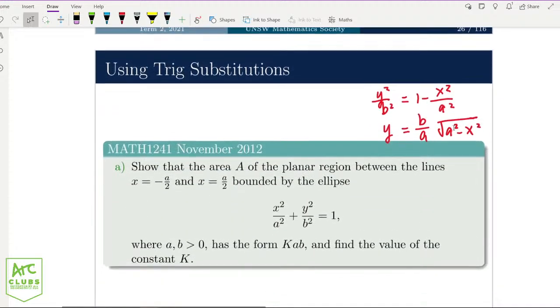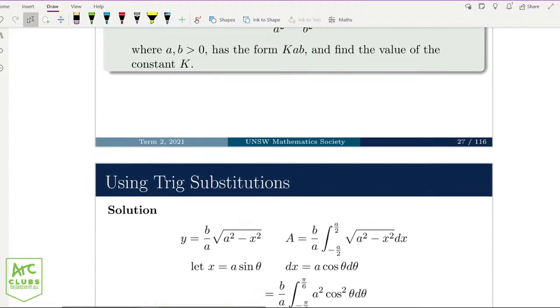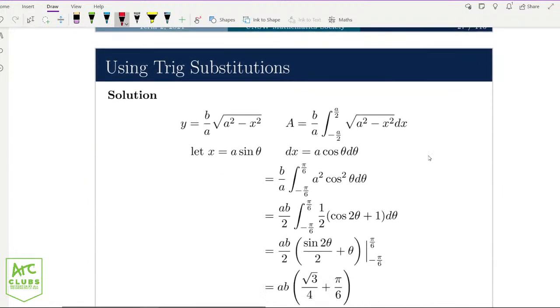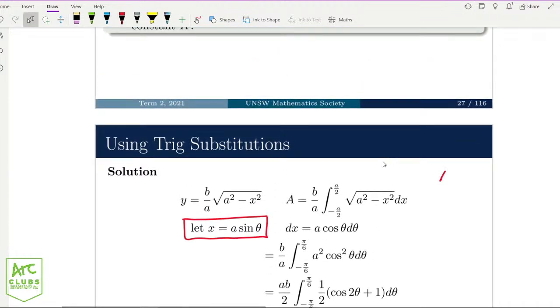In this case, we've used the trigonometric substitution, so let x be equal to a sine theta. Once we get that expression in terms of y, to calculate the area, essentially it's just the integral from the lower bound to the upper bound of the function.